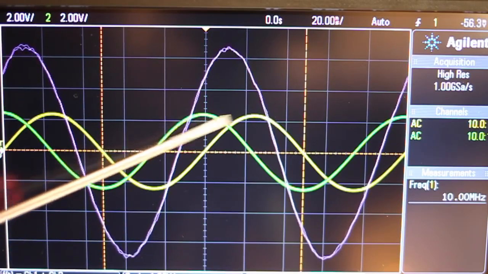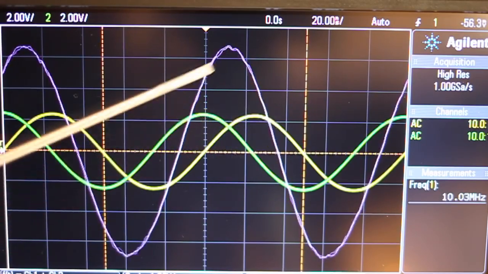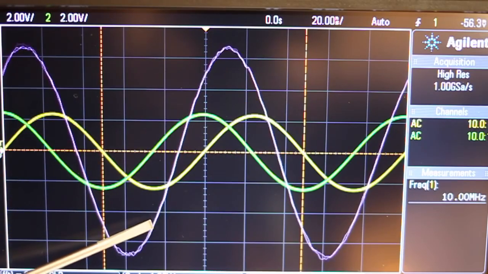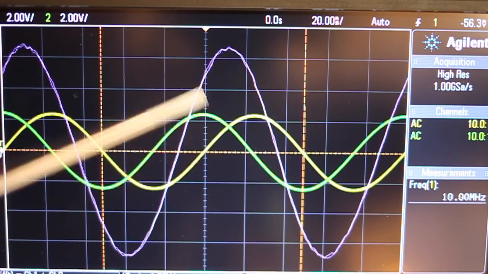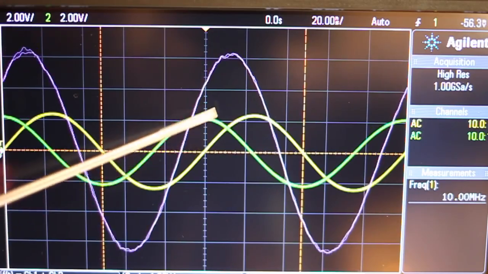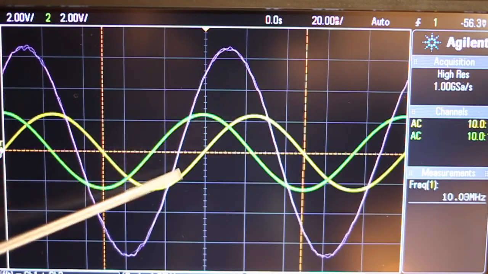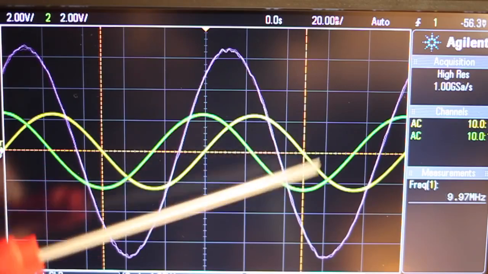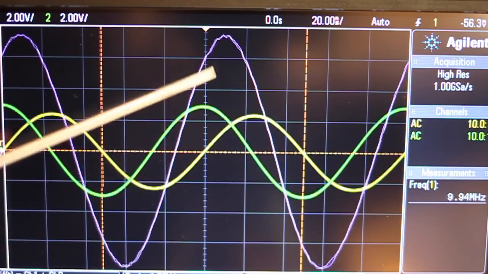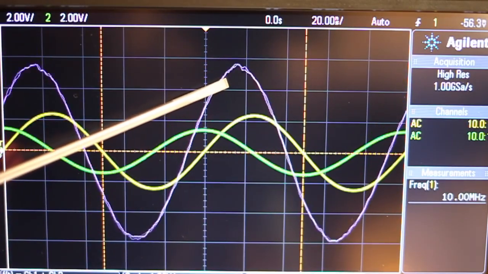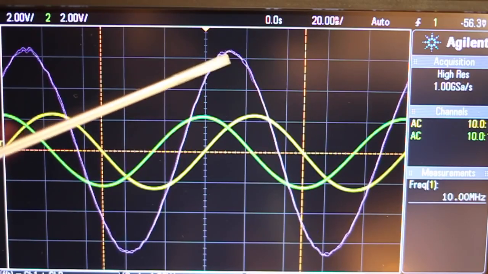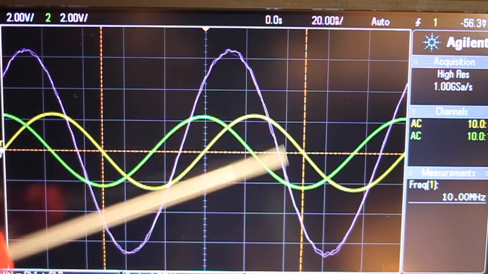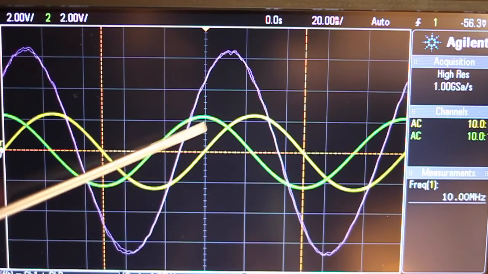We can calculate the frequency because these two signals have the same frequency as the resulting sum. We can calculate the amplitude, obviously, just by adding the amplitudes of these two together as we go along at different points in time. But we can also calculate the phase.